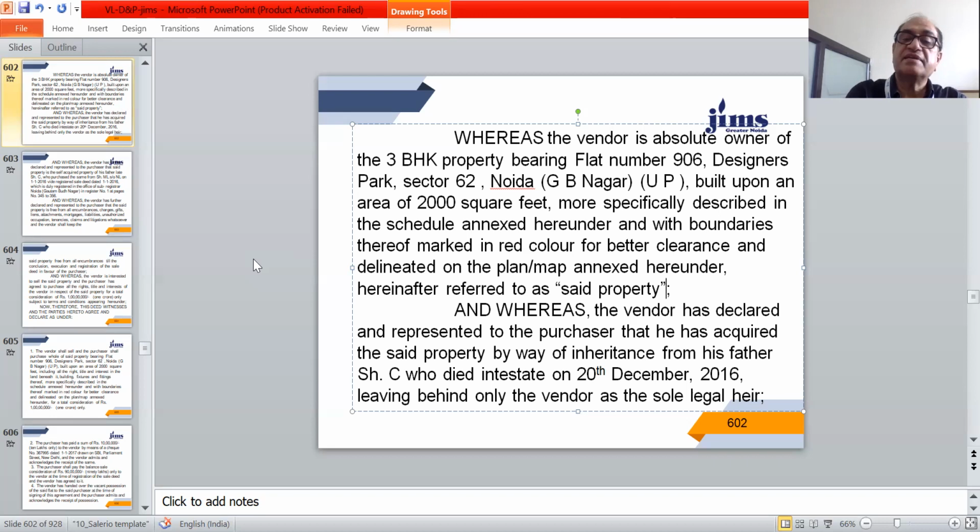So this is the history that how the vendor became the owner of this property, that he inherited this property from his father, who died without writing any will or wasiyat. That is, his death was intestate, leaving behind only the vendor as a sole legal heir.